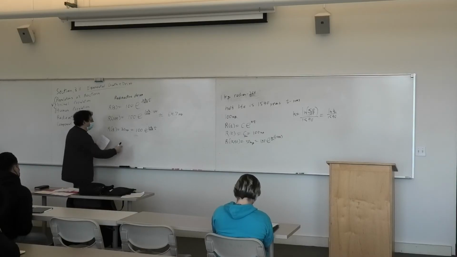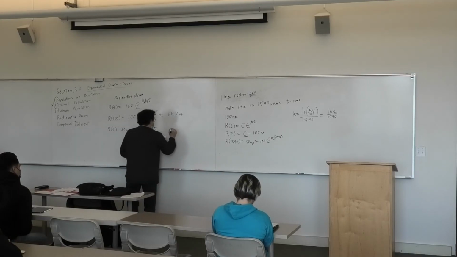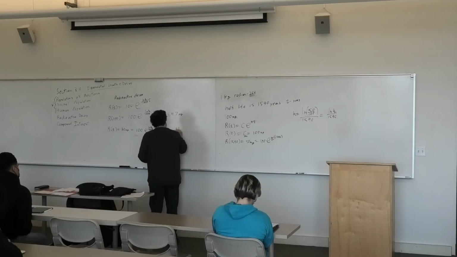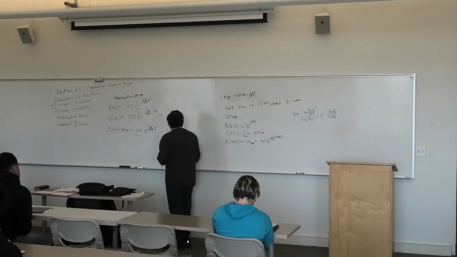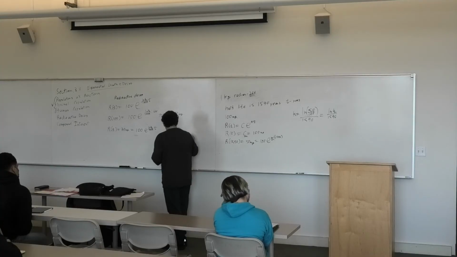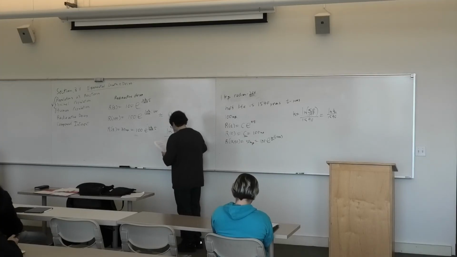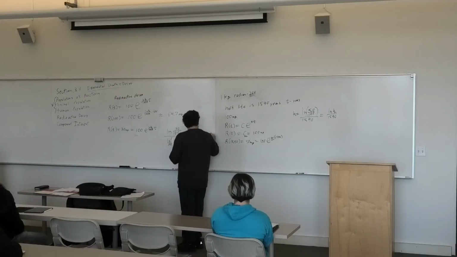Again, divide by 100, take the natural log to get rid of the e to the exponent, and then divide by log of 1/2 over 1590. And that will be our t. That turns out to be 2,762 years.